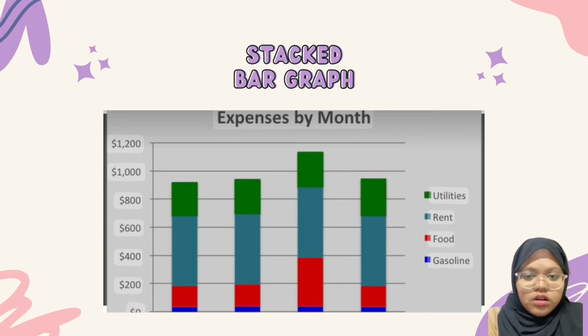A stack bar graph has the ability to convey a lot of information all together in a compact and practical format. However, stack bar graphs are rarely used because they can be confusing at times while representing too much information. That's all for the types of bar graph.